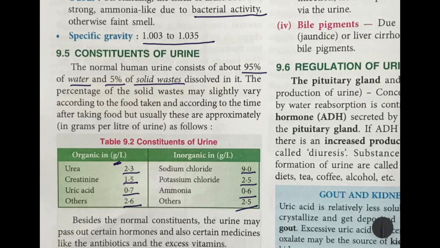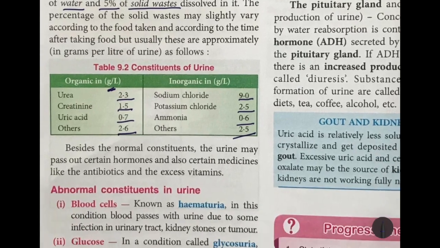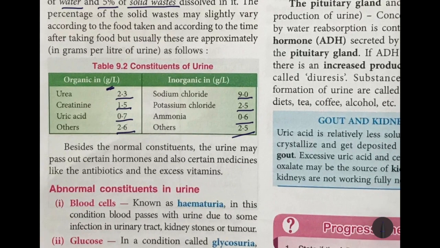Besides these normal constituents, urine may also have certain hormones and certain medicines like antibiotics, and excess vitamins which are not required in the body are also thrown out along with urine.